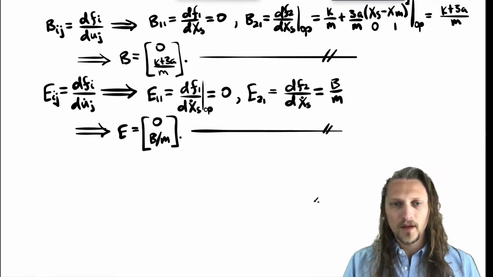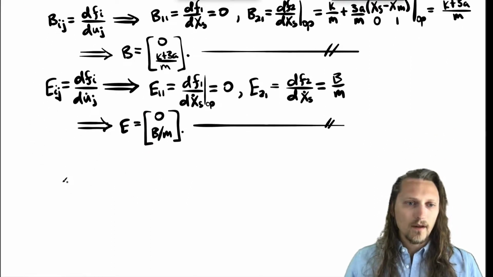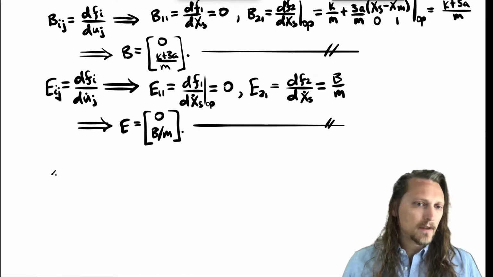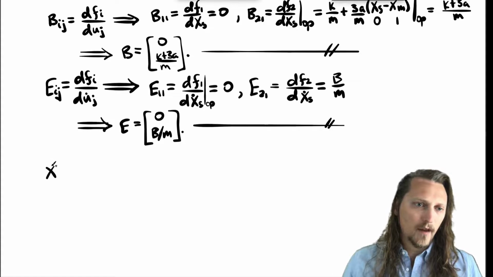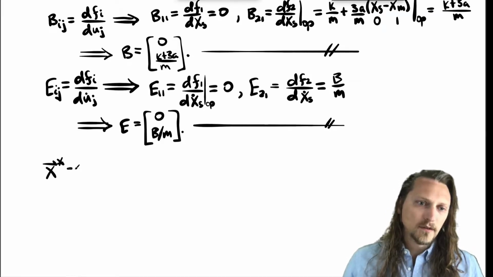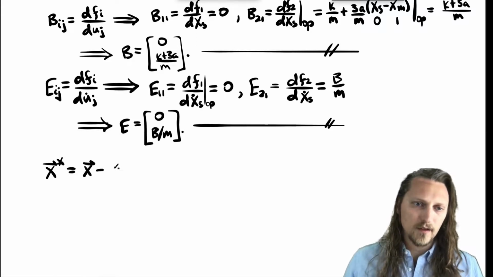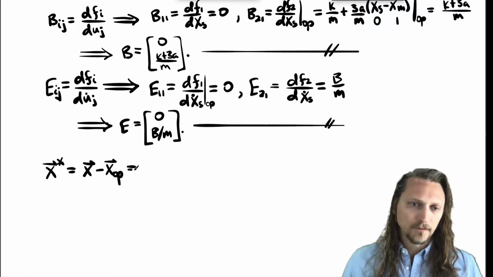So the 3 Jacobian matrices were all that were needed. Just to round it out, we can recall that our new state vector, the starred version, is going to be the original state vector minus the operating point. That's what we said in the lecture.